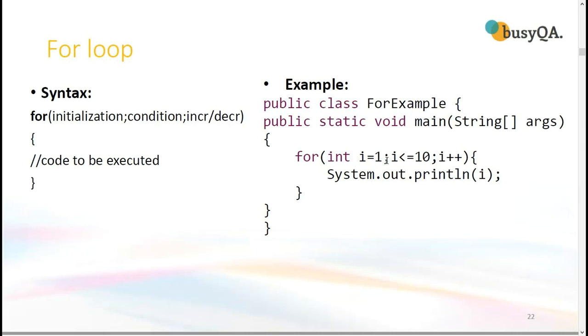Then you terminate that and you move on to the next statement, which is your condition, which is when should I stop? I'll keep going as long as i is less than or equal to 10. Then lastly, you have your increment or your decrement. So with this very simple line of code, we can achieve the same thing.